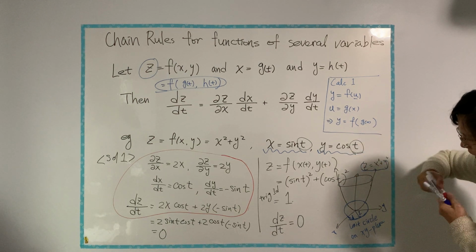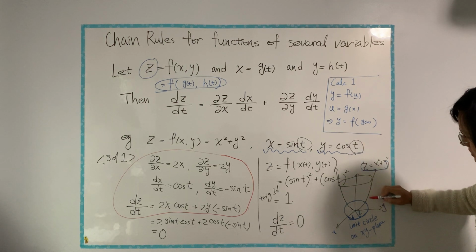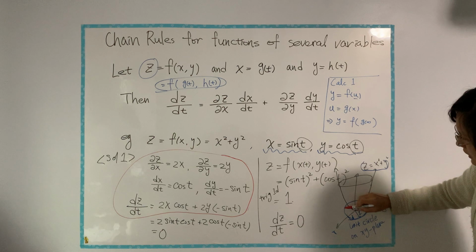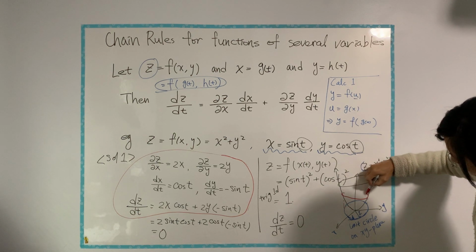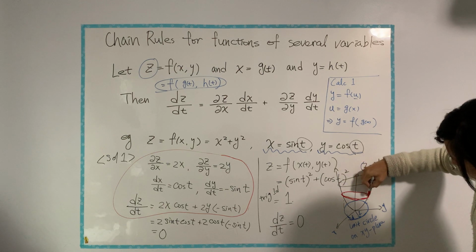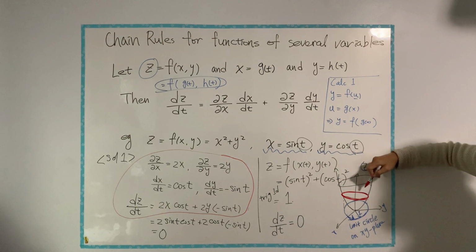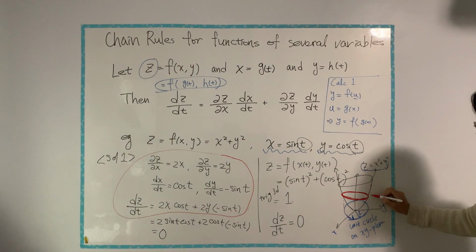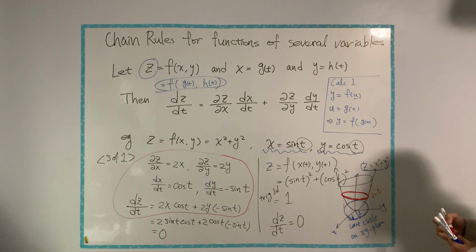That means I only look at the part of the surface that's sitting right above this circle. Okay, and I happen to see just that circle on this paraboloid. So that's why in this case, all the points on this circle will give you the z value equal to 1.